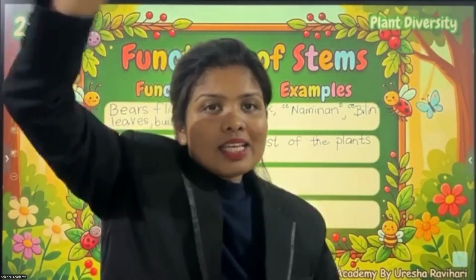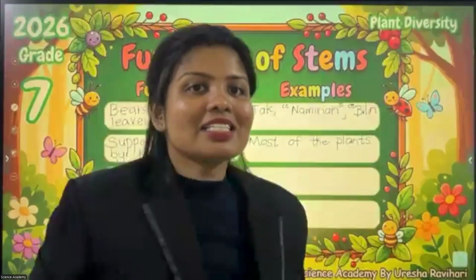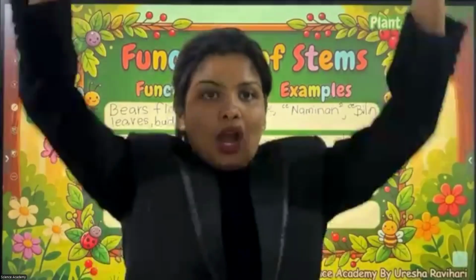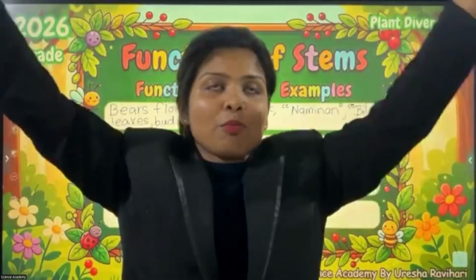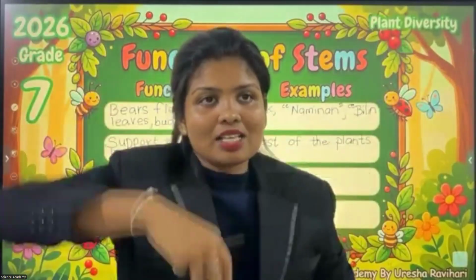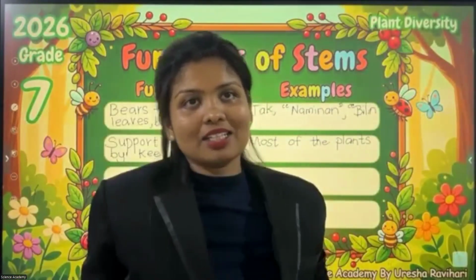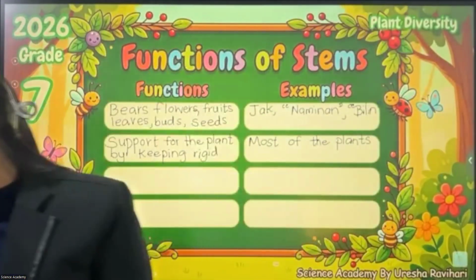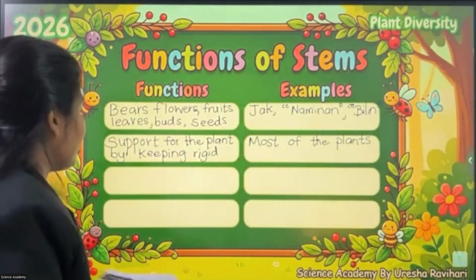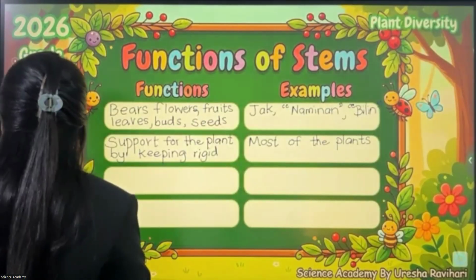All this coordination is done by the stem, from roots to upper areas and from upper areas to roots. This transportation is done by the stem. Most of the plants, this also done.